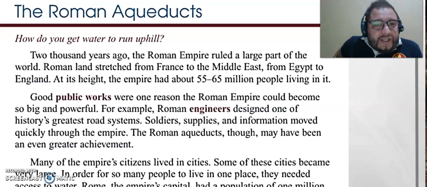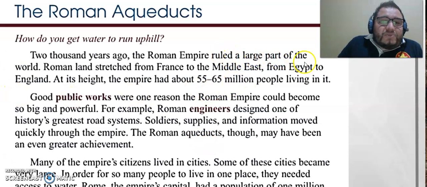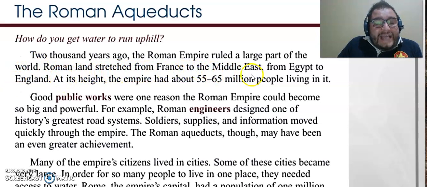So 2000 years ago, the Roman Empire ruled a large part of the world. Yeah, it's true. Roman lands stretched from France to the Middle East, from Egypt to England. At its height, the empire had about 55 to 65 million people living in it.